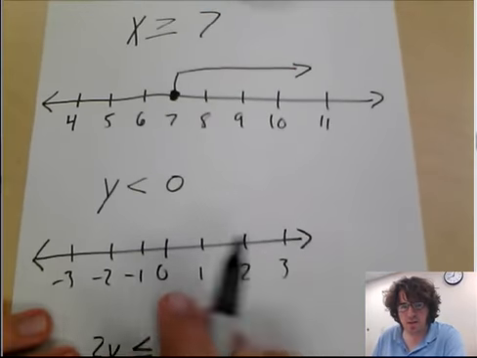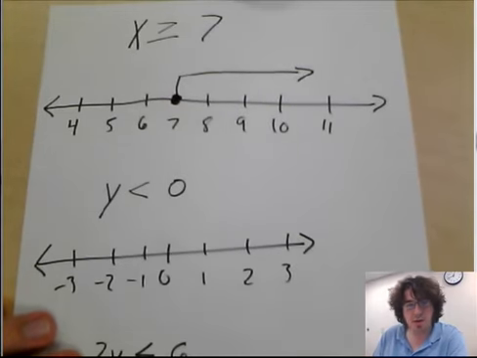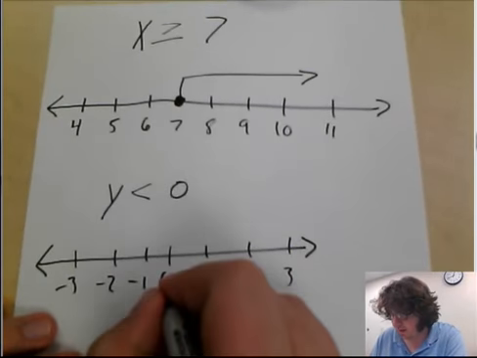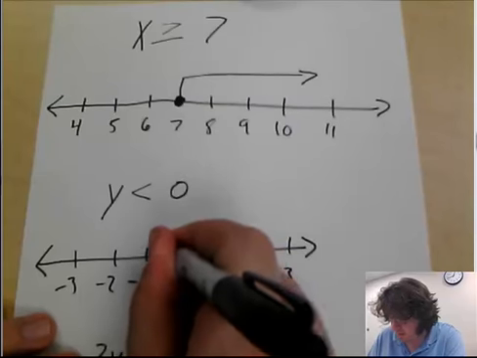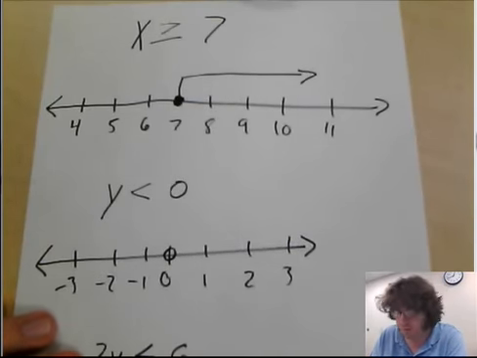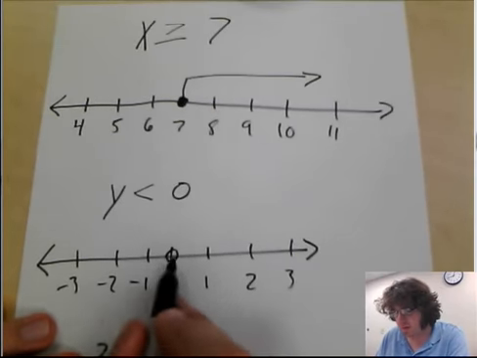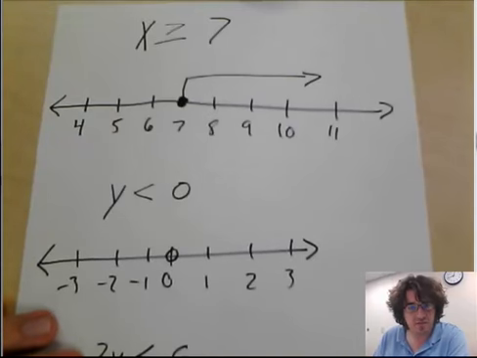Here, we have Y is less than or equal to 0. Now for less than, since it's not less than or equal to and just less than, we find 0 on our number line and we put an open dot. We don't fill it in. We just leave it open. That means it could be right up to it, but not 0 itself. Okay?